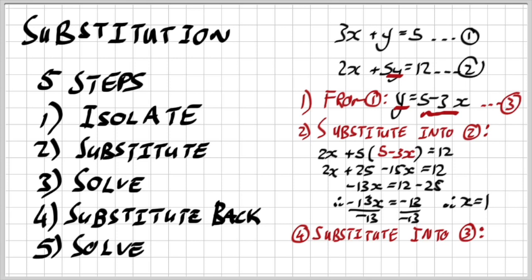It's just going to be harder work. This means that y is equal to 5 minus 3 times 1, because x is 1, and therefore y is 2. And this actually gives me a set of coordinates, (1, 2).